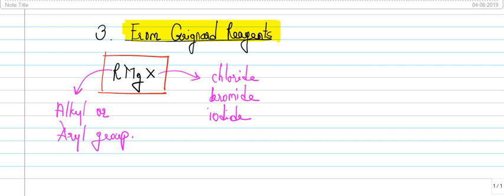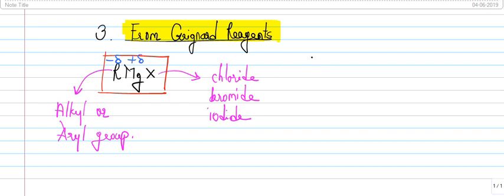And what exactly do we have in this Grignard reagent? R is basically a nucleophilic center, and thus Grignard reagent is a source of nucleophilic carbon. Now let us take up the first part here.